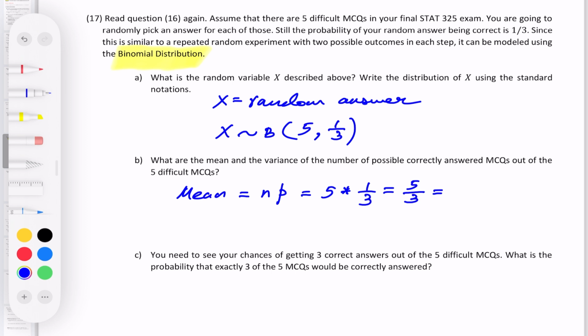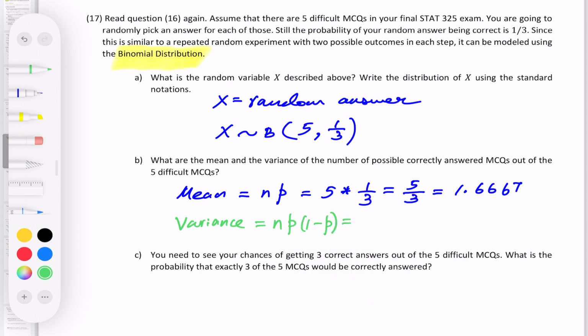If you don't like to keep fractions as your answer, you can directly write down the decimal answer, which is 1.6667. We should also find the variance. How did we define the variance for the binomial distribution? Variance for the binomial distribution was defined as n times p times (1 minus p).